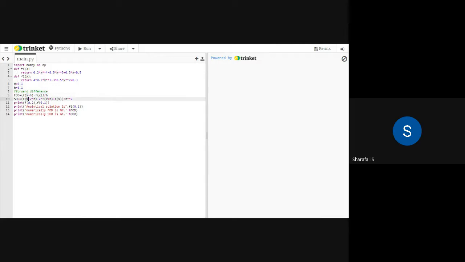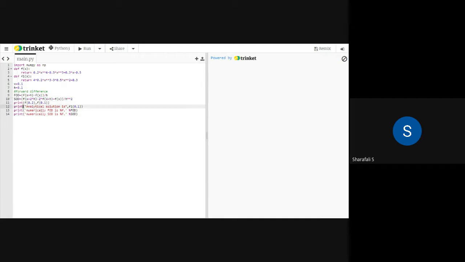That's what we have to calculate. Second order differentiation I have also defined here: f of x plus 2h minus 2 times f of x plus h plus f of x, all divided by h square. That is for second order differentiation in the forward difference method.